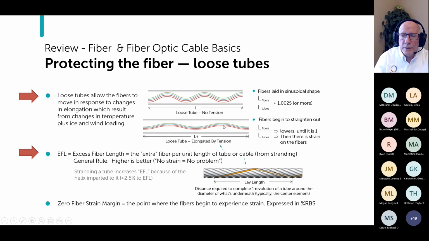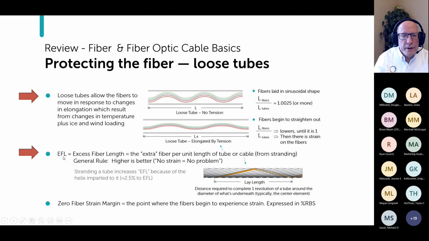And then when they get perfectly straight, they too start picking up whatever is causing that change in elongation. This difference, the extra length of fiber relative to the tube, is known as excess fiber length, or EFL, is the common industry slang for it.